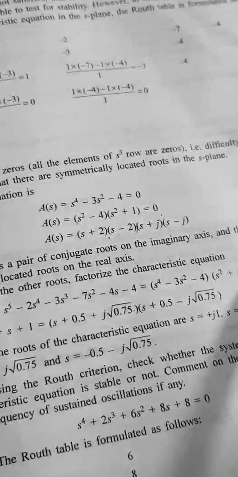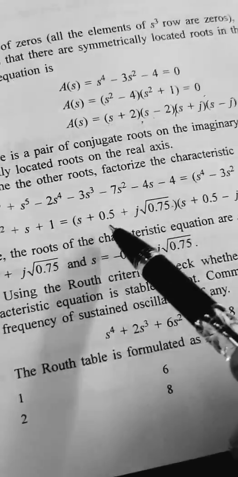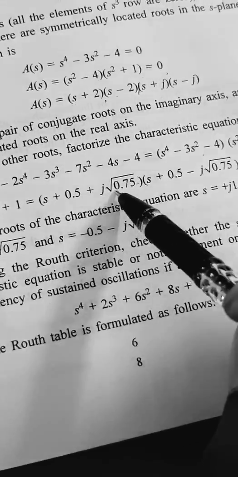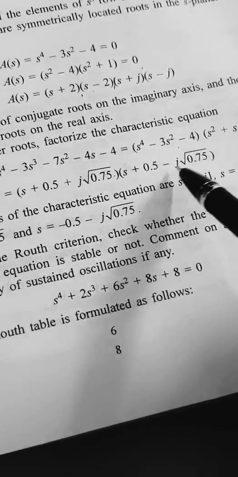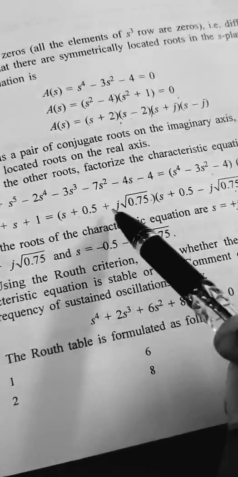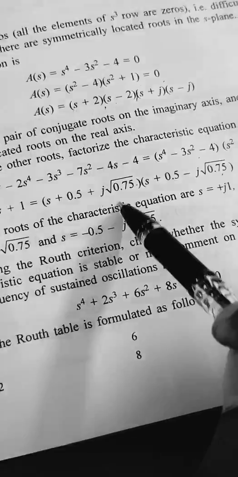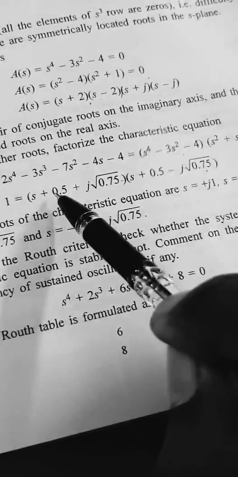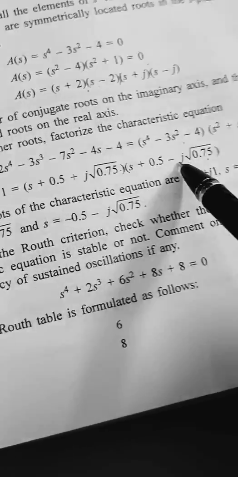When you are analyzing this s square plus s plus 1, you will get it as s plus 0.5 plus j square root of 0.75 into s plus 0.5 minus j square root of 0.75. When you are equating this to 0, s will be minus 0.5 plus j square root of 0.75, and minus 0.5 minus j square root of 0.75.